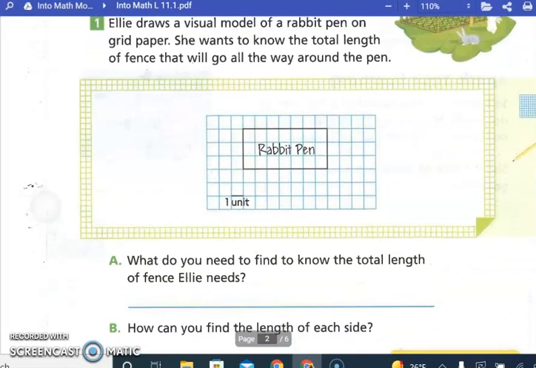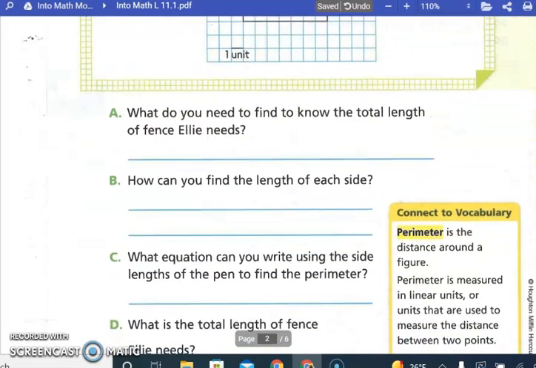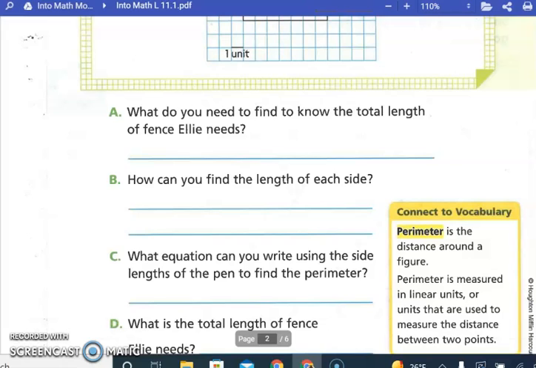What does she want to find? She wants to find the total length that will go all the way around the pen. So she needs to know the distance around the pen, right? That's my distance.